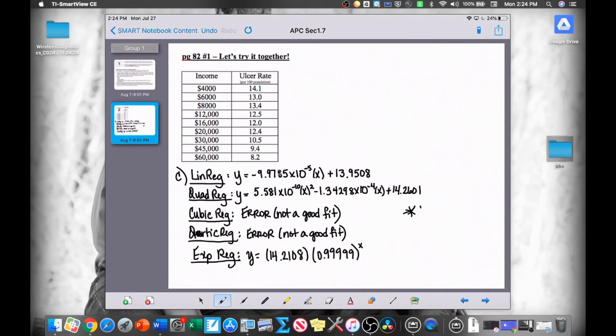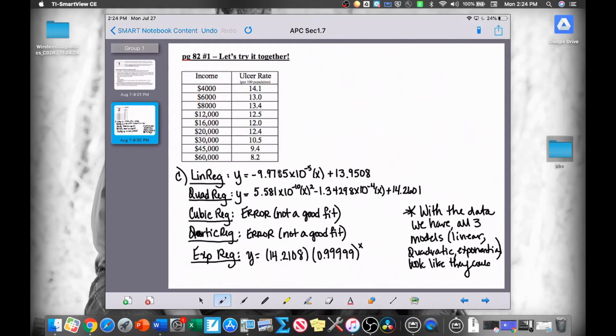With the data we have, those three models would be linear, quadratic, and exponential, look like they could be a good fit.